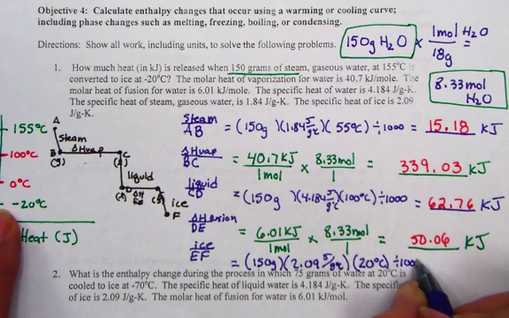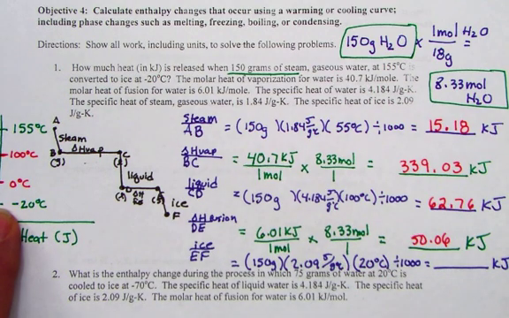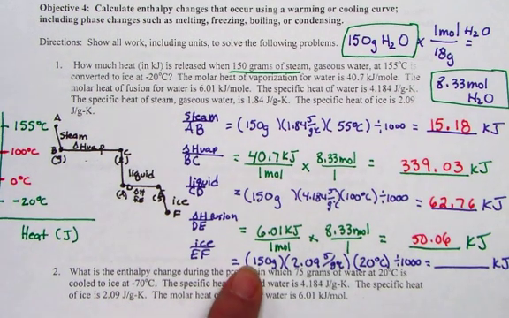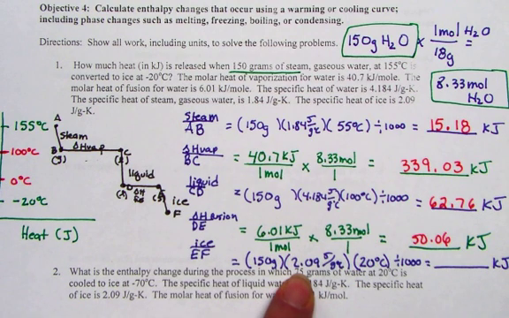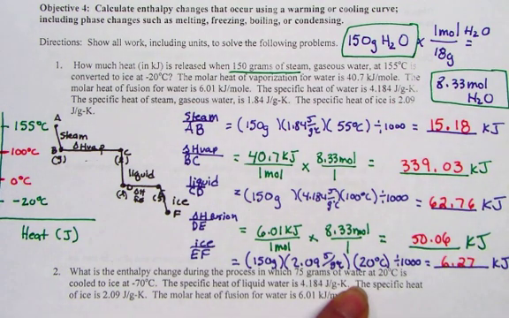We'll divide that by 1,000 to get our answer into a kilojoule, knowing that we'll have to add like units. 150, the mass of our water, times 2.09 specific heat of ice times the ΔT of 20, divide by 1,000 to convert joules to kilojoules, and I get 6.27 kJ.